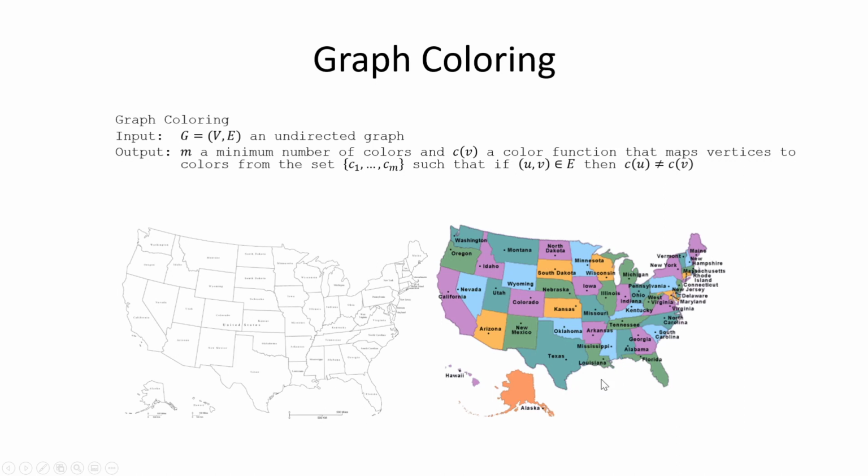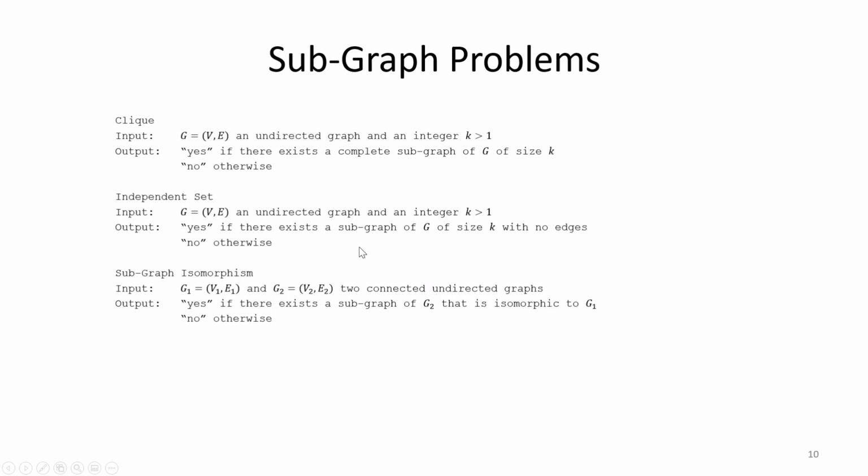Okay, so I think that's all I'm going to say about coloring, but graph coloring is another hard problem for a graph in general. If we're given promises about the graph, like maybe we could draw it in 2 dimensions, like this, then maybe it's a little easier to solve.